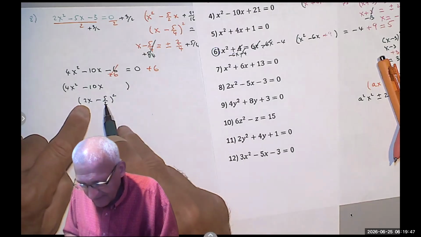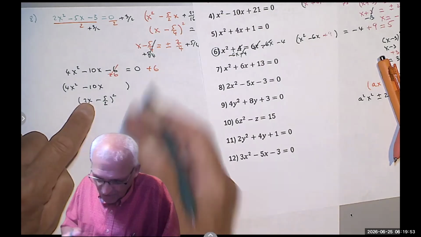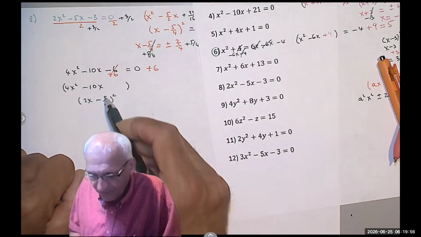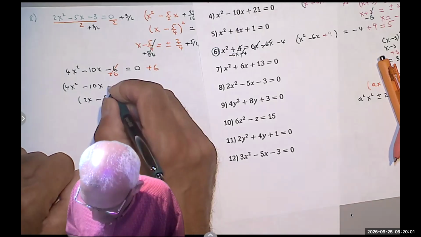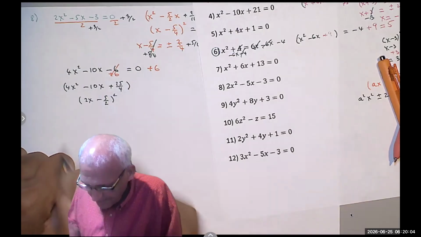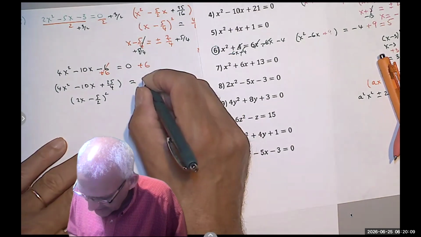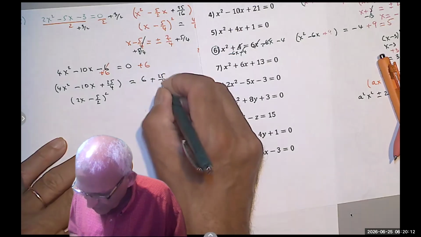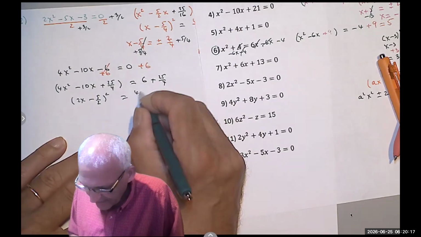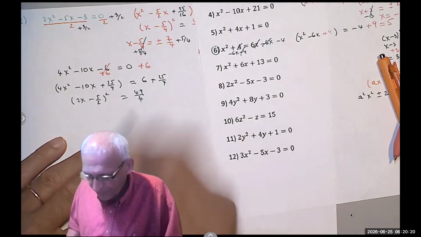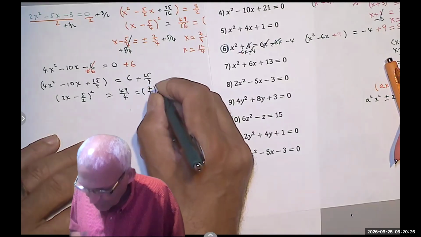So when I multiply them, I get 5, the 2 and the 2 cancel, and when I multiply it by 2, because it's twice, 2 times 5 over 2. One of the 2's cancel, and 2 times 5 is 10, plus 25 over 4 equals 6 plus 25 over 4. 6 is 24 over 4. So when I add them again, I will get 49 over 4. Or 7 over 2 squared.